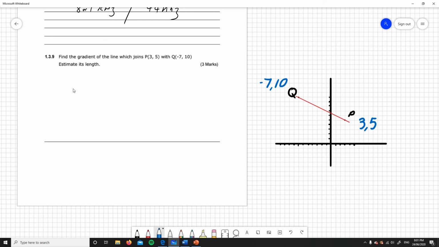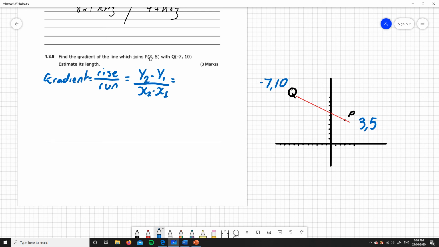I can use the formula, gradient equals rise over run, which is also equal to y2 minus y1 divided by x2 minus x1.